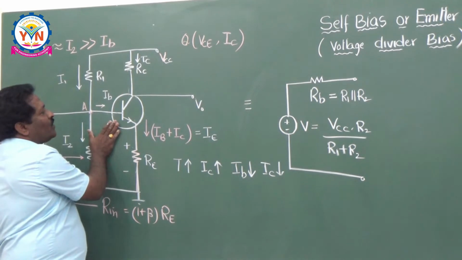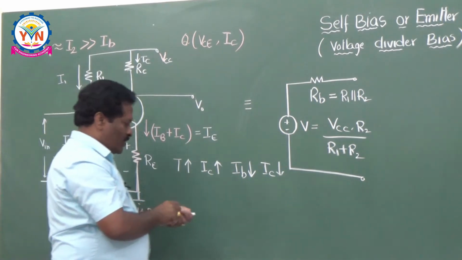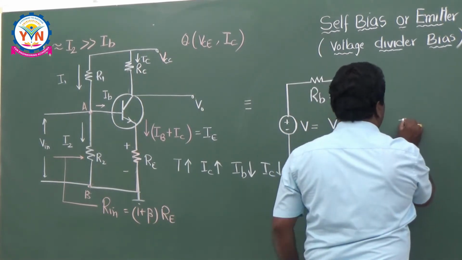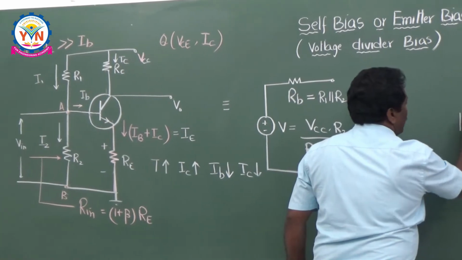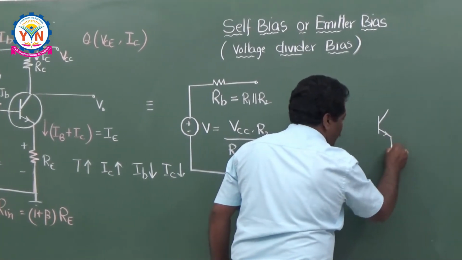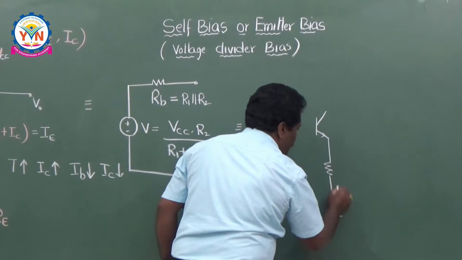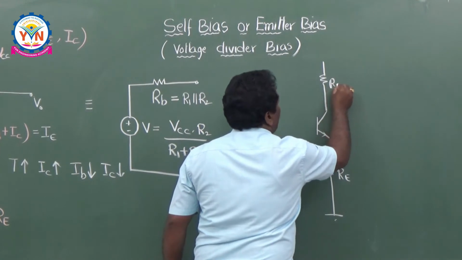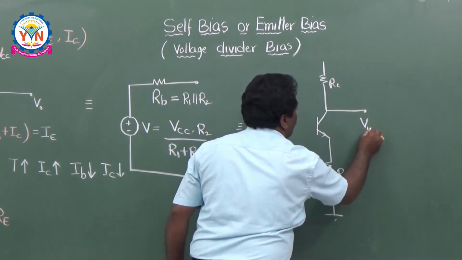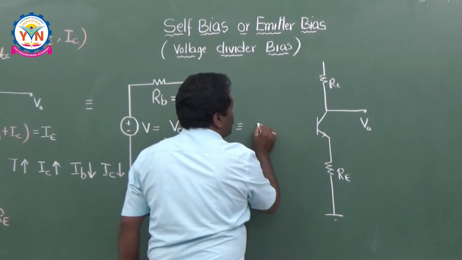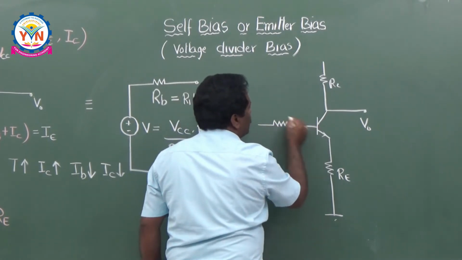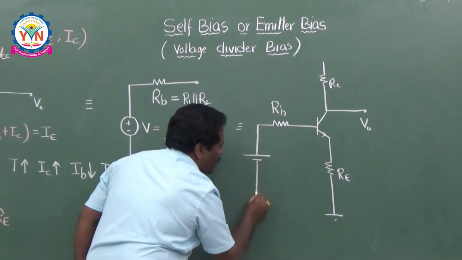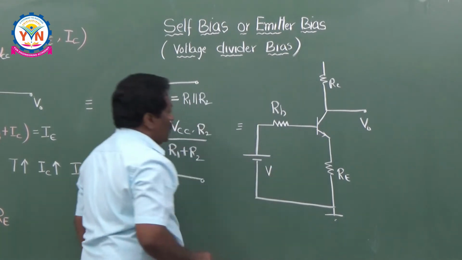So this entire circuit can be now redrawn as, you can see this, the circuit will be like this. As usual, this is the common emitter amplifier with resistor, this is RE, and the load resistance RC here, this is RC, and output you are taking from this place, that is called VCE, and on the input side you are having this RB, and the voltage source representation is nothing but V. So what is this V?